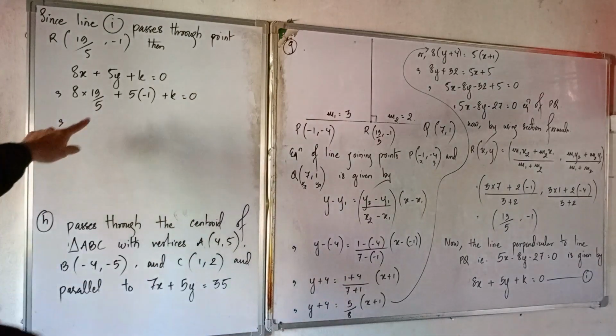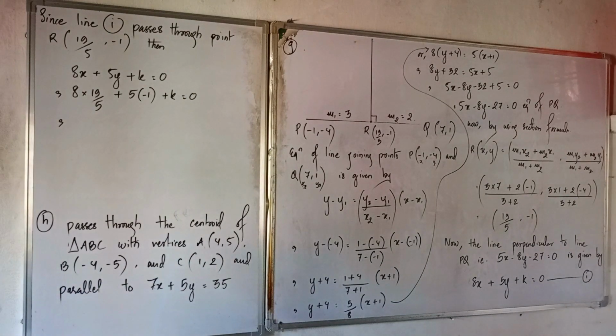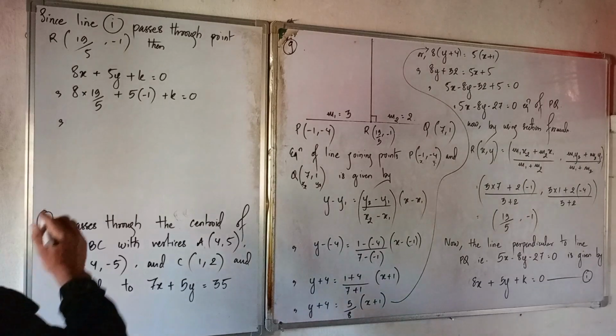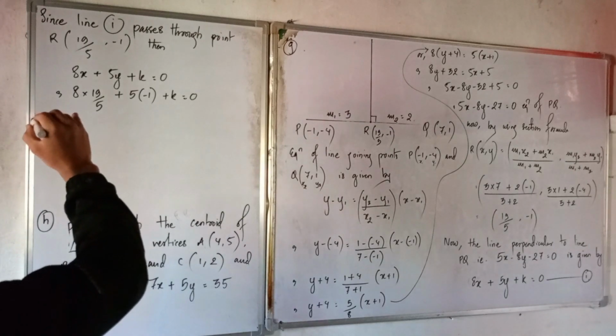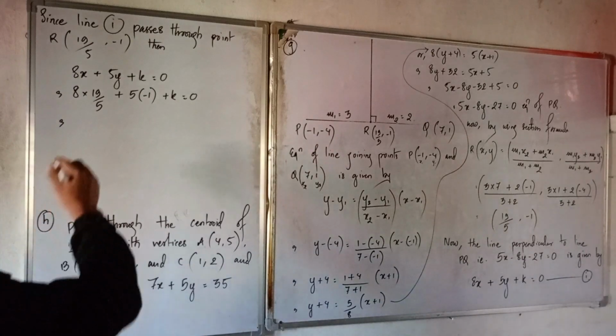Now just calculate the value in the calculator. So 8 into 19, 19 divided by 5, plus minus 5, that will be, yes, 8 into 19 by 5 minus 5 is equals to 127.